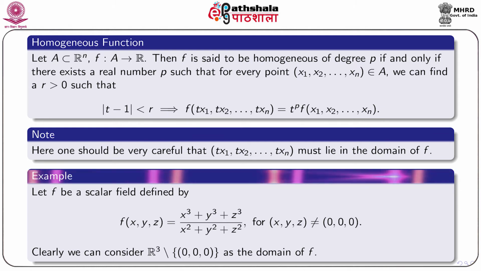Let us cite some examples. Let f be a scalar field defined on R3 as follows: f(x, y, z) equals x cube plus y cube plus z cube divided by x square plus y square plus z square for every (x, y, z) in R3 different from the origin. So, we can consider R3 with the origin deleted as the domain of f.